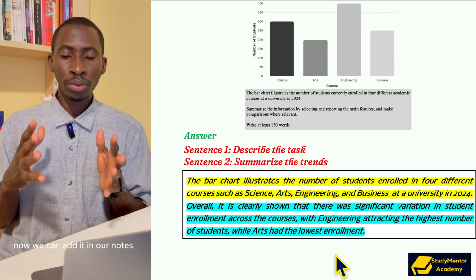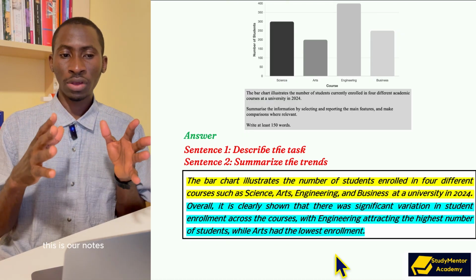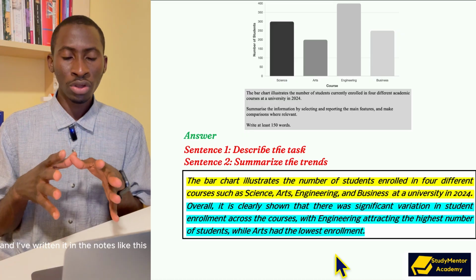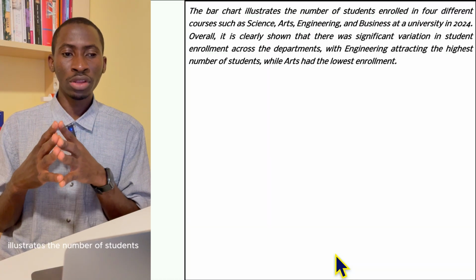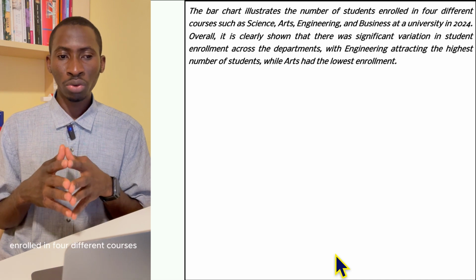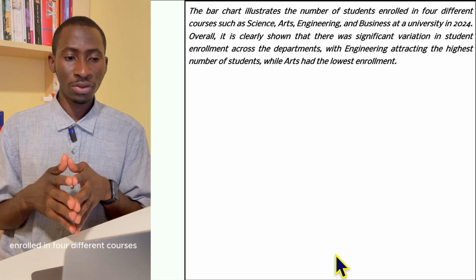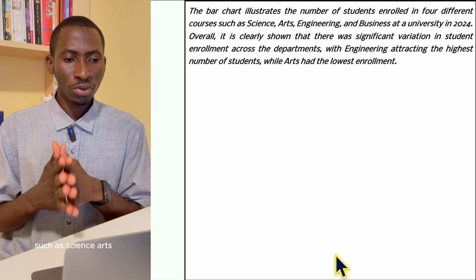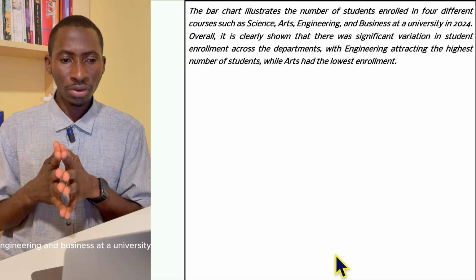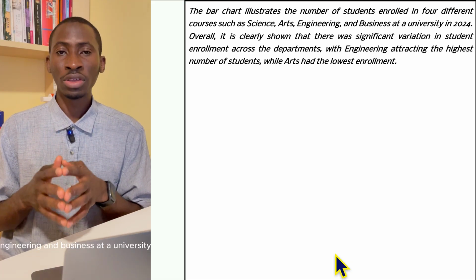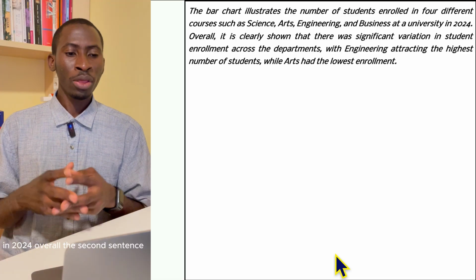Now we can add it in our notes. This is our notes, and I've written it like this. We begin by saying the bar chart illustrates the number of students enrolled in 4 different courses, such as science, arts, engineering, and business at a university in 2024.